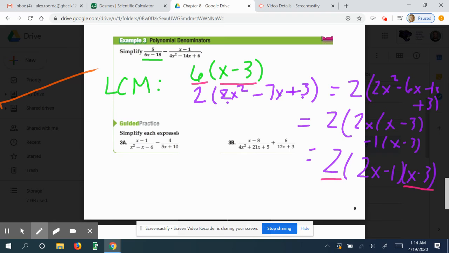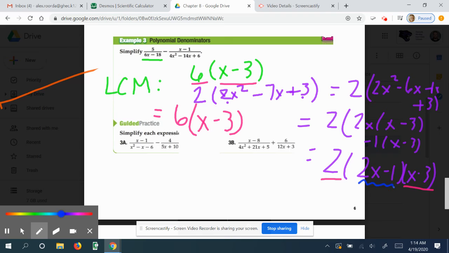Between 2 and 6, I can turn them both into 6. The x minus 3 is going to be the same in both of them. And then I also have to add this guy right here, the 2x minus 1, to make it a common denominator, all right? So I'm going to do all my work over here.